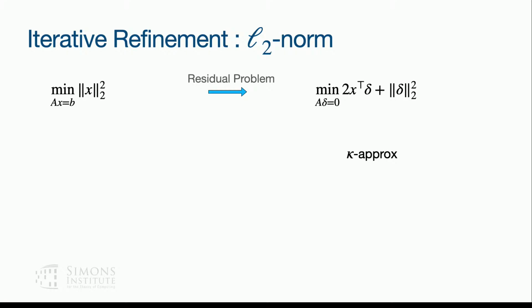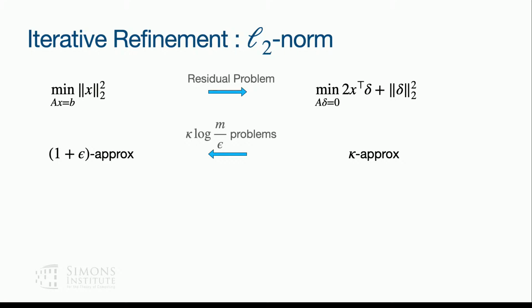And if you can solve this residual problem to some approximation, let's say a kappa approximation, you can solve the original problem to any accuracy you want with just kappa log m by epsilon iterations.